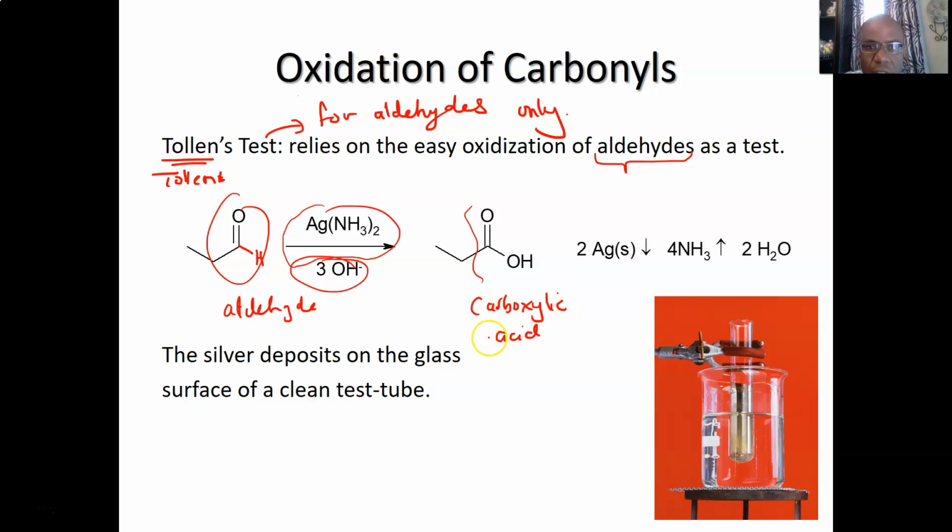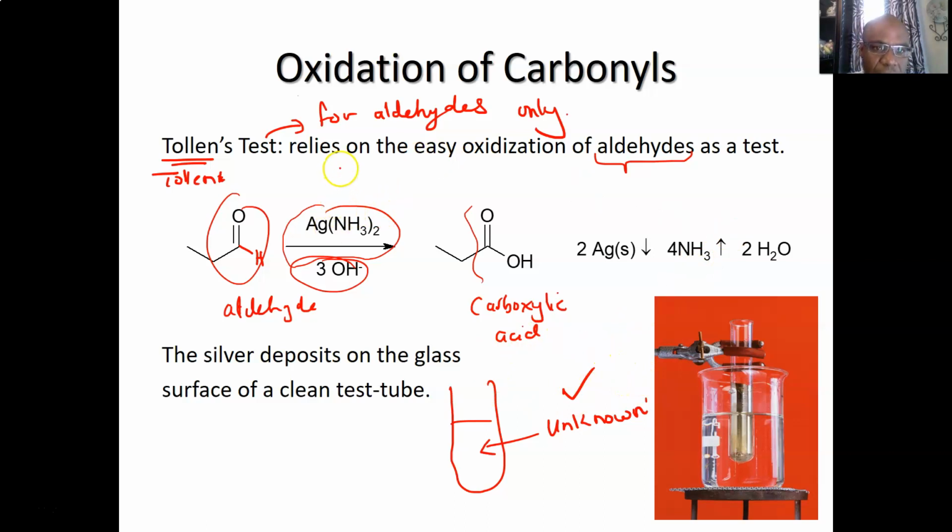That's oxidation. At the same time, we take advantage of that to determine whether we have an aldehyde in an unknown liquid in the test tube. Those taking the lab, 263 lab, this is one of the tests you'll be taught.